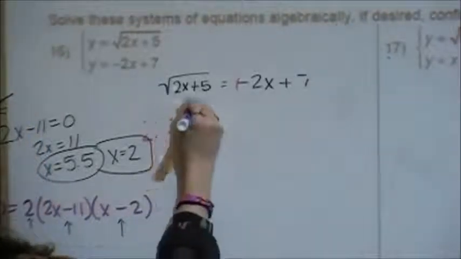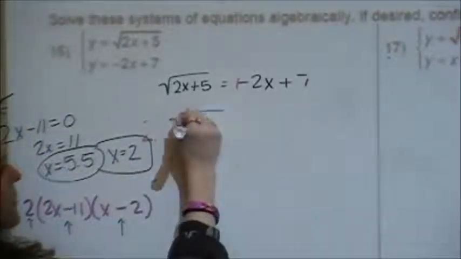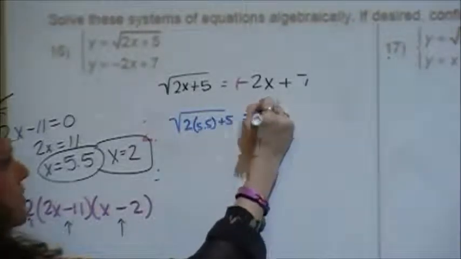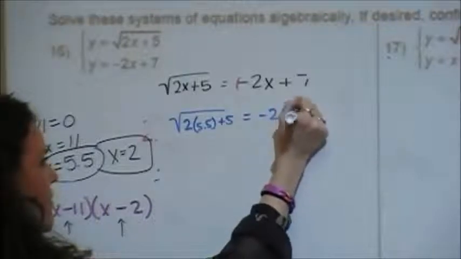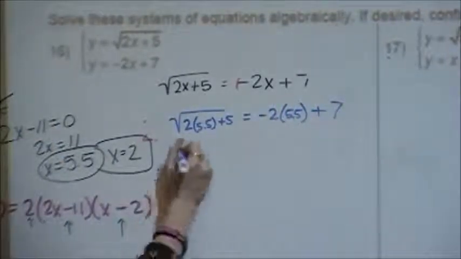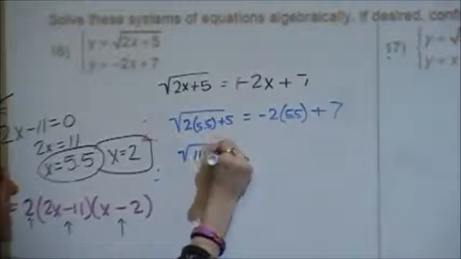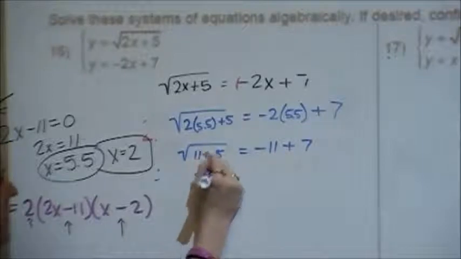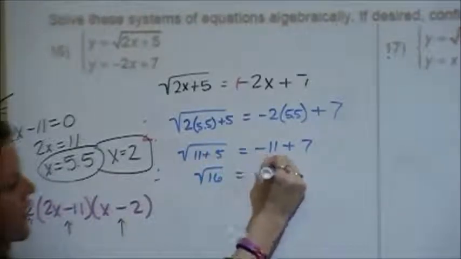So I'm going to do the 5.5 first. So the square root of 2 times 5.5 plus 5 equals negative 2 times 5.5 plus 7. Okay, well that's the square root of 11 plus 5 equals negative 11 plus 7. Square root of 16.